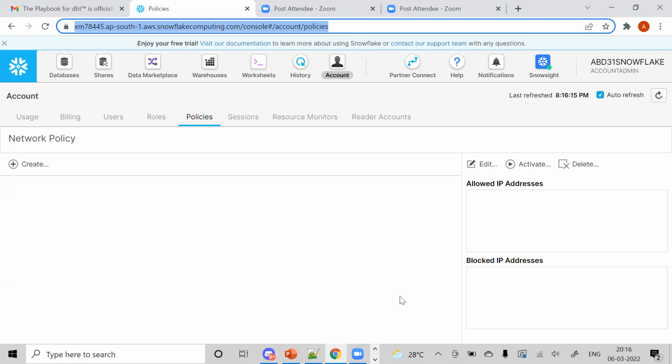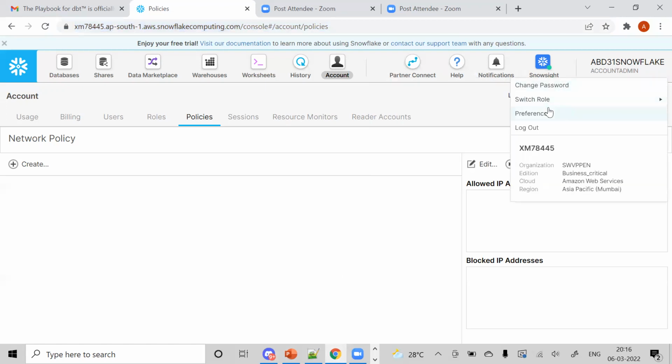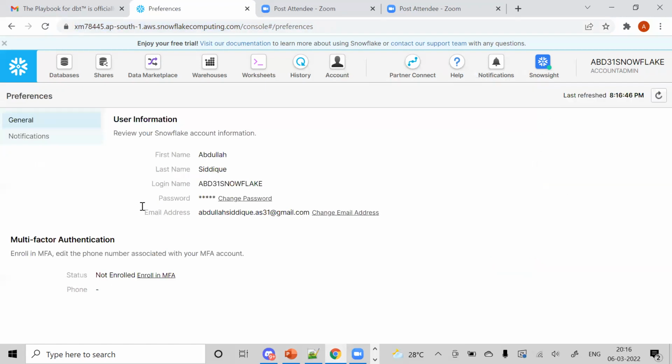Apart from this, there are other authentication methods also, which you might be using in your daily office job as well, which is MFA, multi-factor authentication, where even though you put your password and username, you still get an OTP on your mobile, and then you have to enter it and then you log into Snowflake. So even that is possible. If you go to preferences here, you will find this MFA: enroll in MFA, edit the phone number associated with your MFA account.